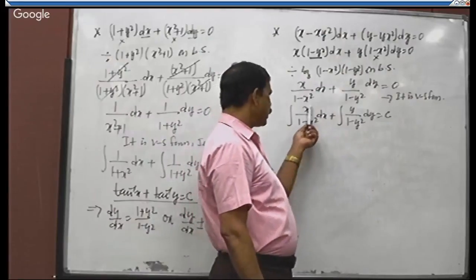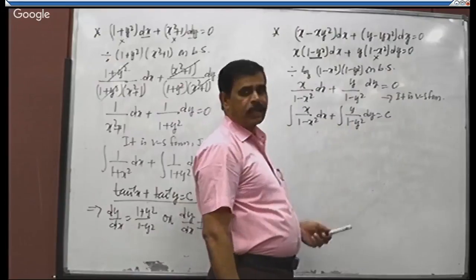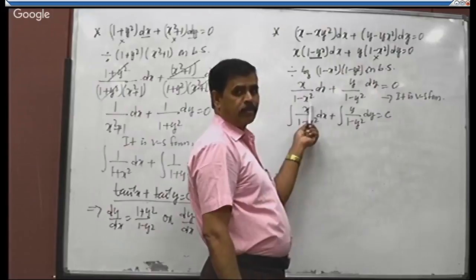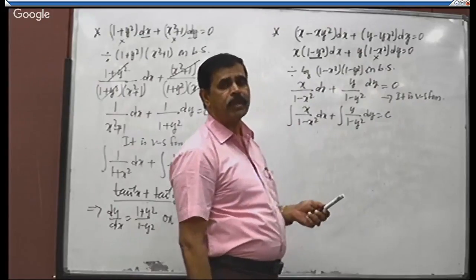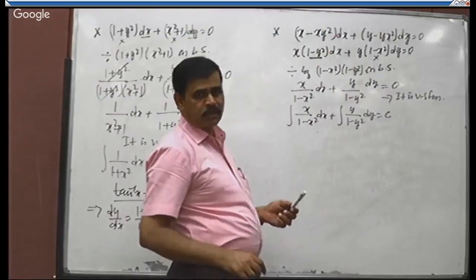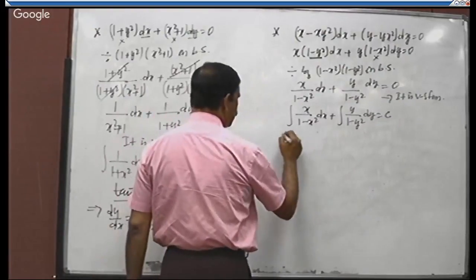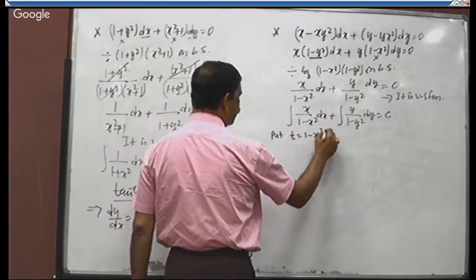Here x/(1 − x²), y/(1 − y²). So there is an x² term and an x term. A quotient like that will be solved by the substitution method, correct?